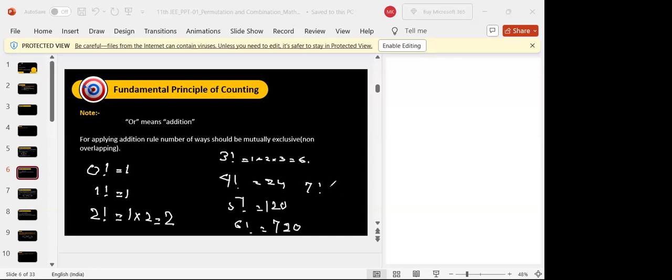Up to 7 factorial, it should be in your mind. Make sure that 0 factorial to 7 factorial is in your mind.